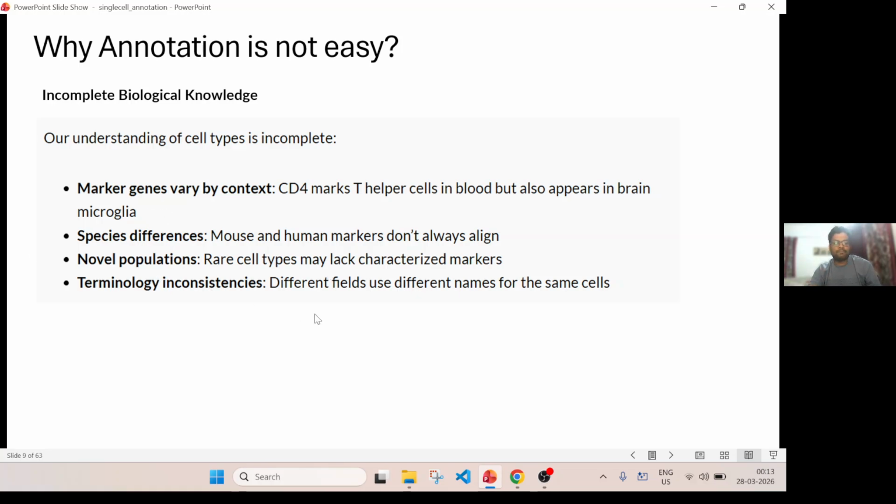And also terminology, this is very important because the literature uses different names, right? I will be showing how we can normalize these names while doing the coding. T cell, T helper cell, CD4 plus T cell, those are different, so how will you take them and make a common nomenclature? So that's what the challenge of incomplete biological knowledge in annotation is.